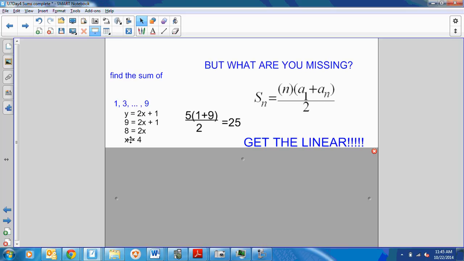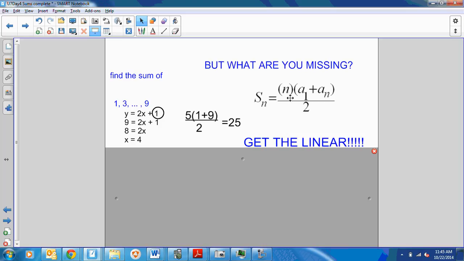What's tough about this is x tells you how many steps you go past the first term. The first term is already counted. It's right here. See that plus 1? That's your y-intercept. That's where the sequence starts. That counts in the number of terms that we're adding up. So here's one term plus 4 more terms after that. That's what the x represents. So there are 5 total terms.